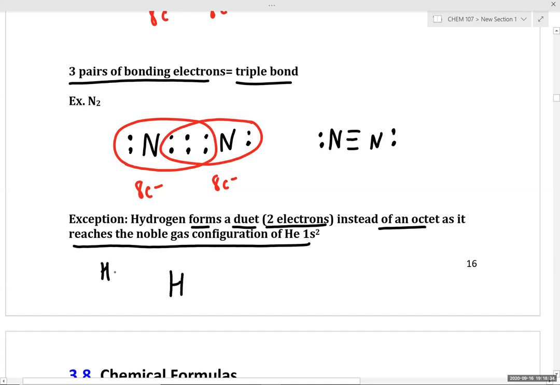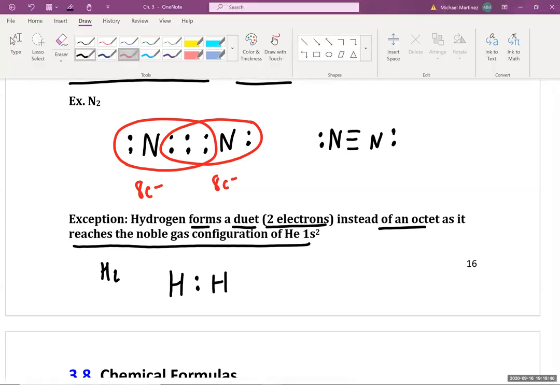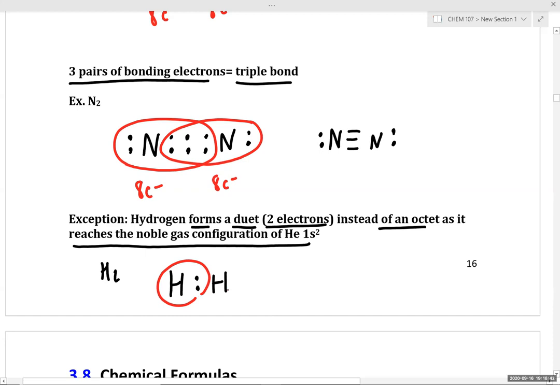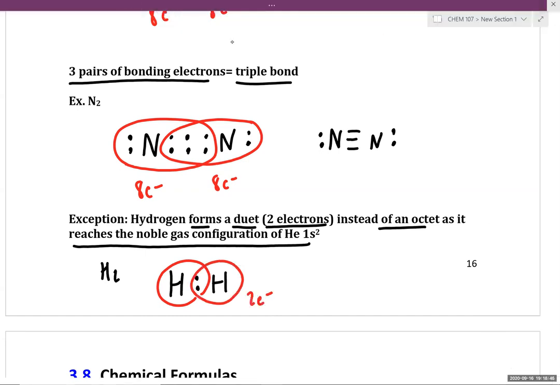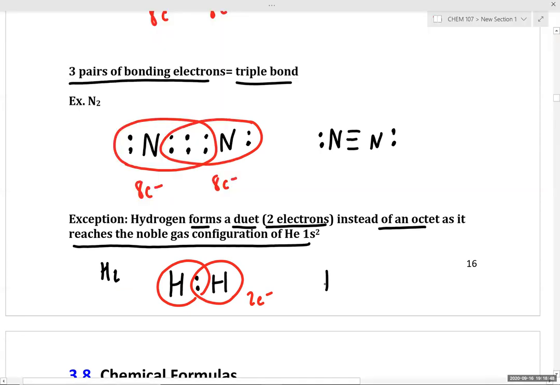That's why H2, for example, looks a little bit like this, where each of our hydrogens has 2 electrons to their name. We can also draw H2 as 2 hydrogens with a line between them, with the line signifying 2 shared electrons.